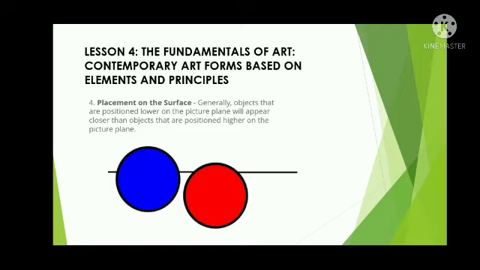Next, we have placement on the surface. Generally, objects that are positioned lower on the picture plane, as you can see in our image, will appear closer than objects that are positioned higher on the picture plane.